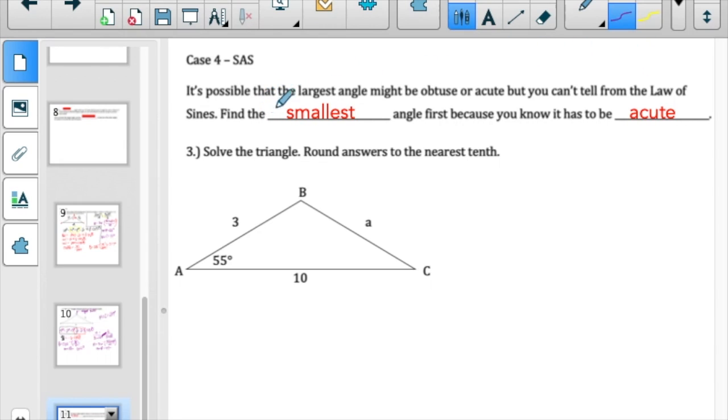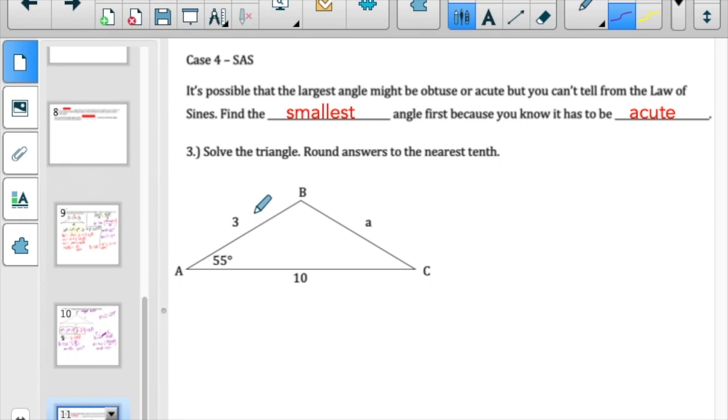So what we're going to do here is find the smallest angle first because we know it has to be acute, because I can't have more than one obtuse angle in a triangle.